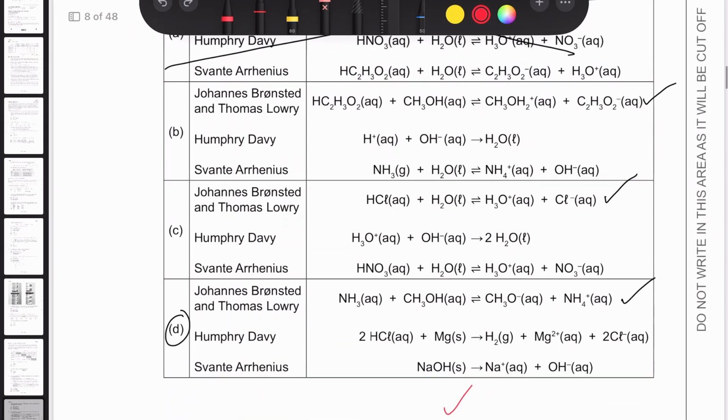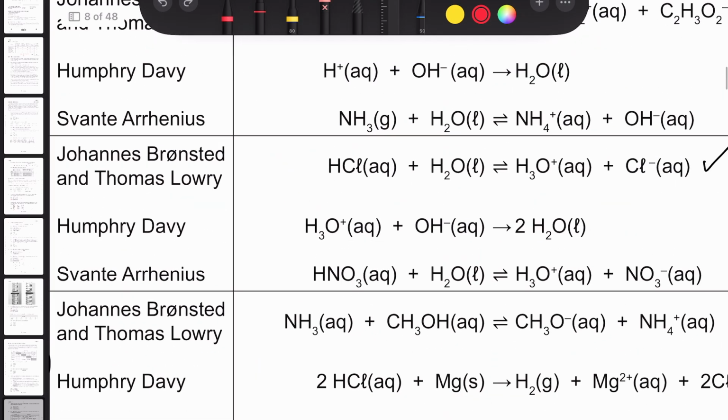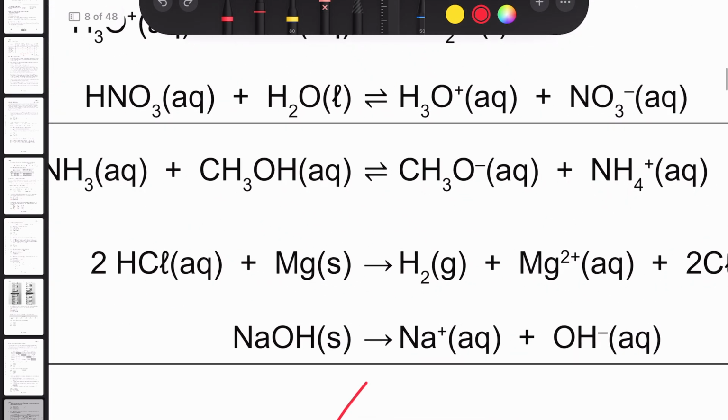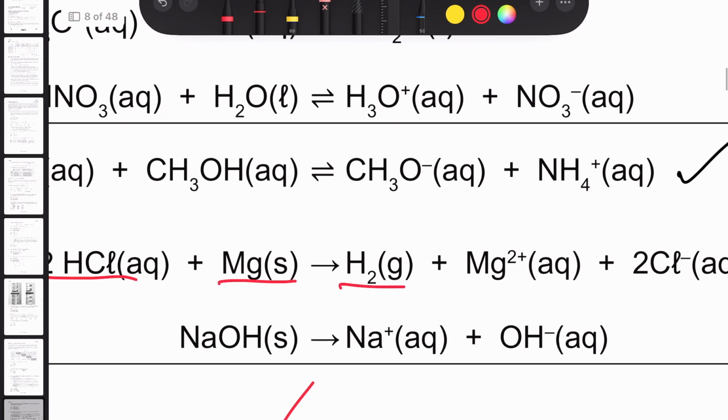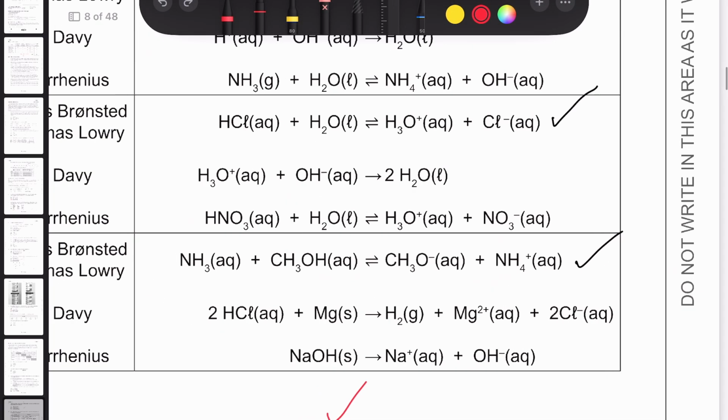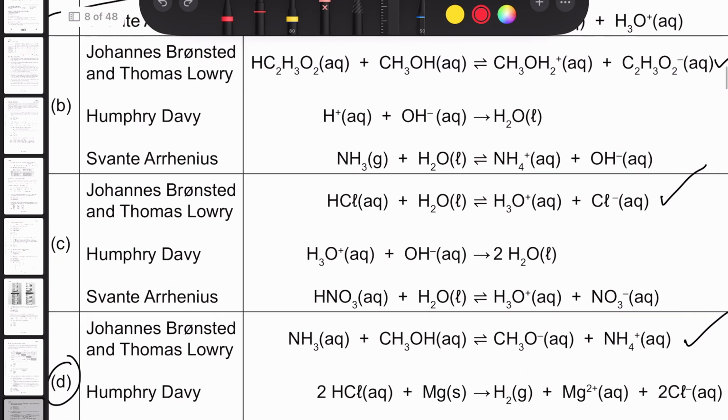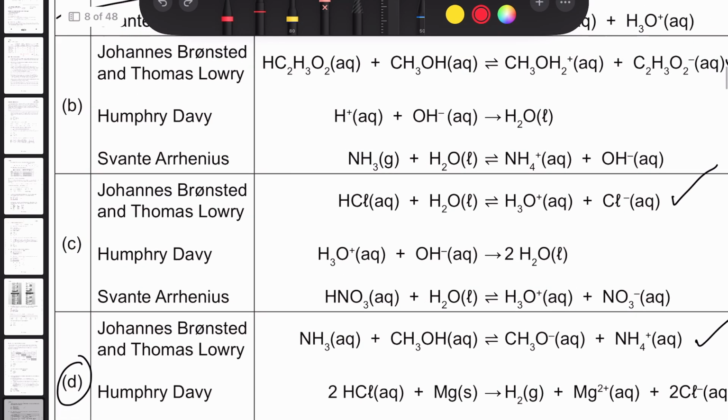This one, okay, I read a bit of Humphreys. Humphreys was that when you react an acid with a metal, you create hydrogen gas. I think that's the only thing that differentiates the rest of these. I guess you can say that this ammonium doesn't dissociate, so that's not an Arrhenius.